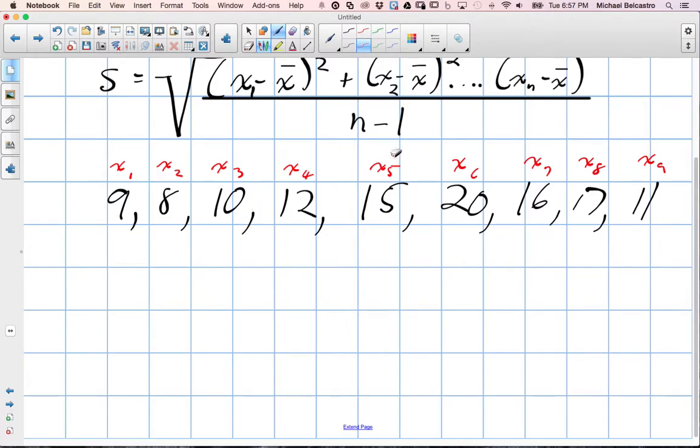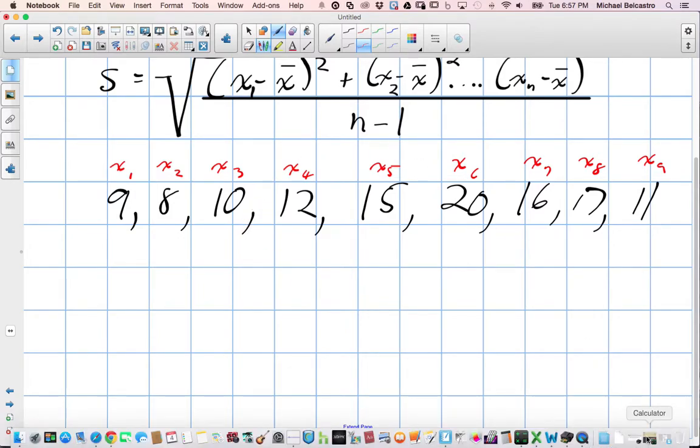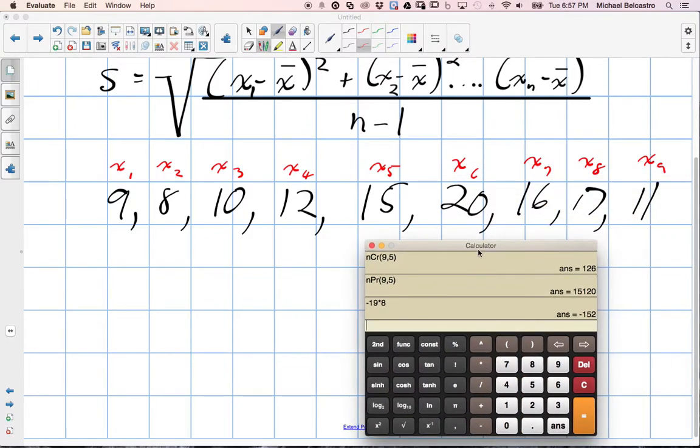The first thing we're going to have to do is figure out the mean, okay? So I'll quickly put these numbers in here. 9 plus 8 plus 10 plus 12 plus 20 plus 16 plus 17 plus 11.